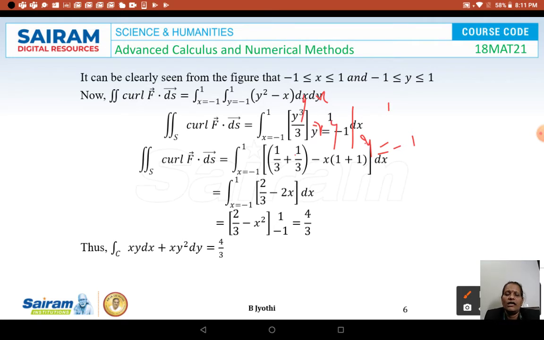Again, when we substitute the limits, we get 1 by 3 plus 1 by 3 minus x times (1 plus 1). This 1 by 3 plus 1 by 3 will be 2 by 3, minus 2x. Next, again we need to integrate this. What we get here is 2 by 3 x minus x square from minus 1 to plus 1. This on simplification we get as 4 by 3.